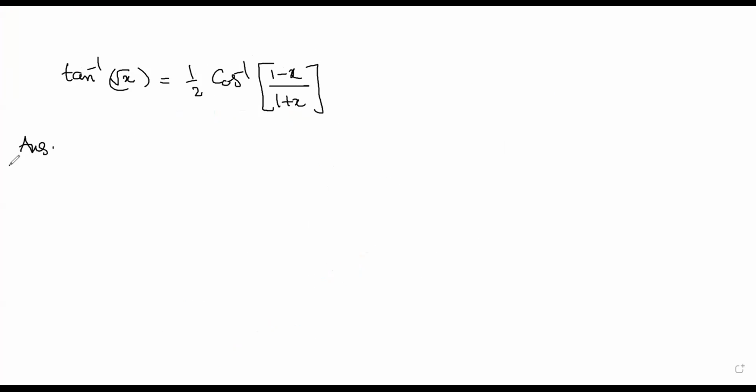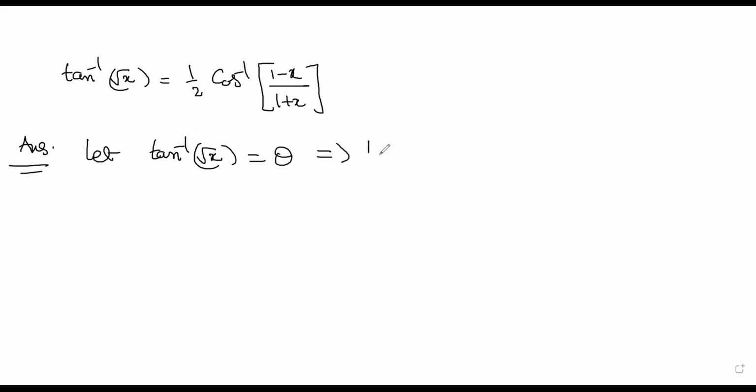So we have tan inverse of root x. That is half of cos inverse of (1 minus x) divided by (1 plus x), which we have to prove. So what I will do is, let tan inverse of root x be theta.